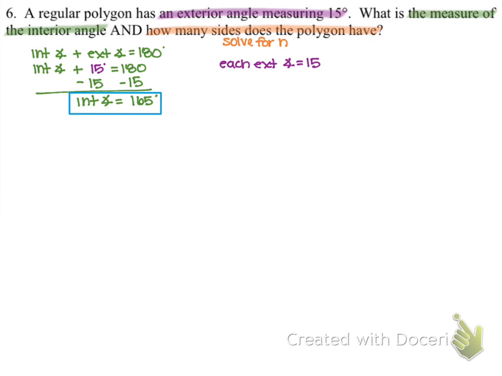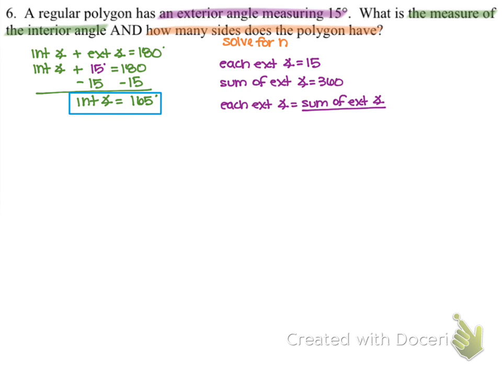I know that the sum of the exterior angles, that's my pinwheel, is going to be 360 degrees. I know to find each exterior angle, I am going to take the sum of the exterior angles, and since it is regular, I'm just going to chop it up into all of its equal parts.